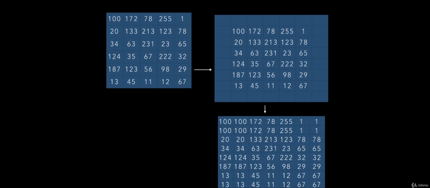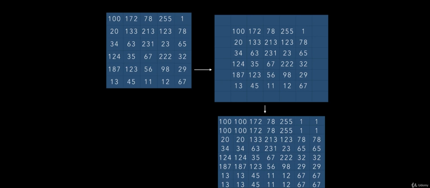So here we have an original image whose size is 5 by 5, right? 5 rows and 5 columns. Before we apply convolution, we apply padding to each row and column. Basically, we add a row to the top, a row to the bottom, a column to the left and a column to the right, right? And then we fill it with the nearby values.